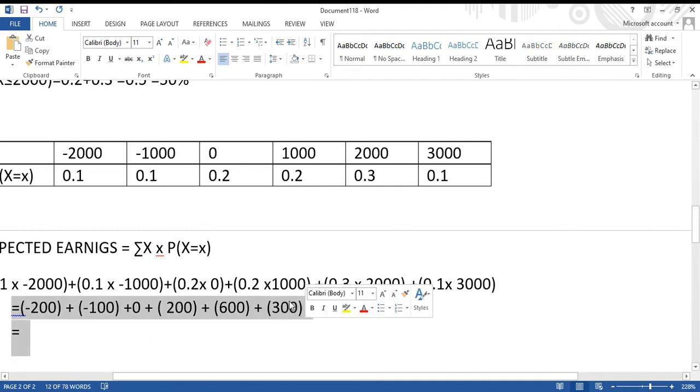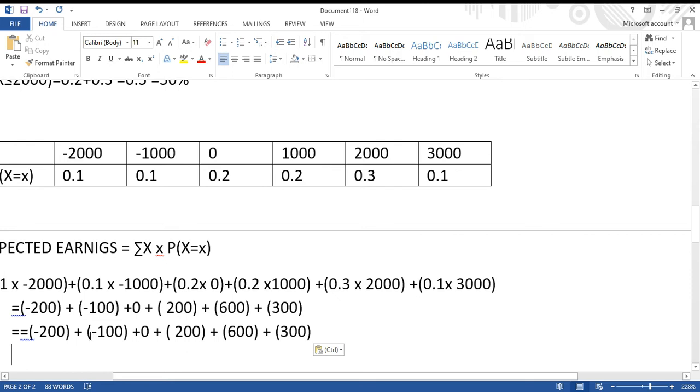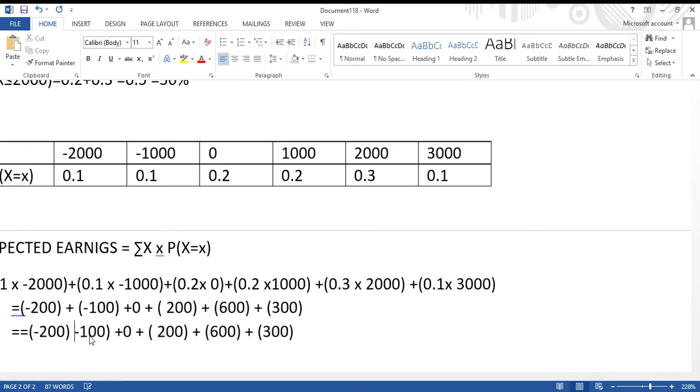So this is for your study purposes. We'll just put it in steps so that no one is confused when they're studying it by themselves. So I have negative 200 minus 300, and negative 200 minus 100, plus 0 plus 200 plus 600 plus 300.